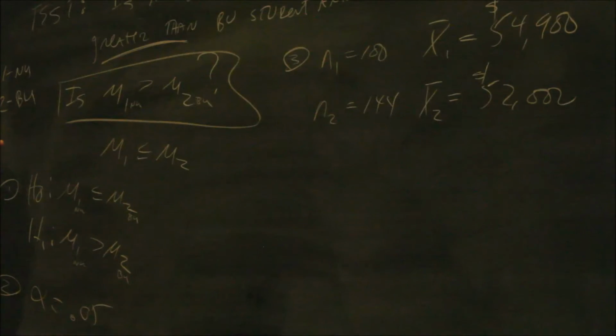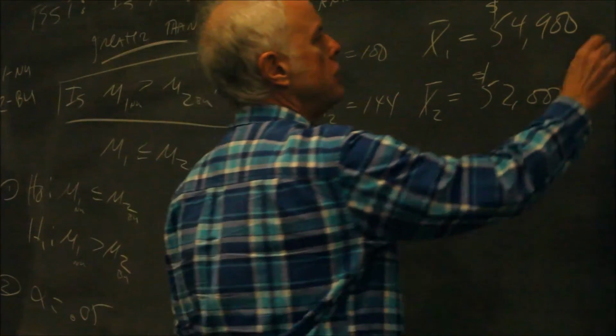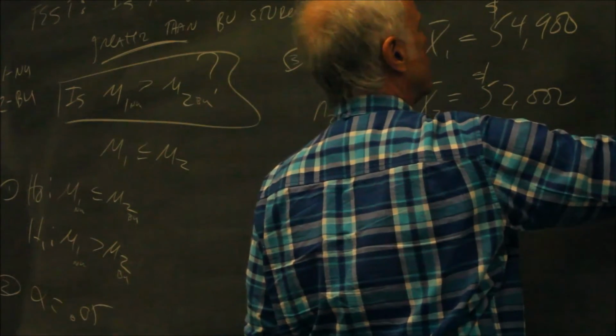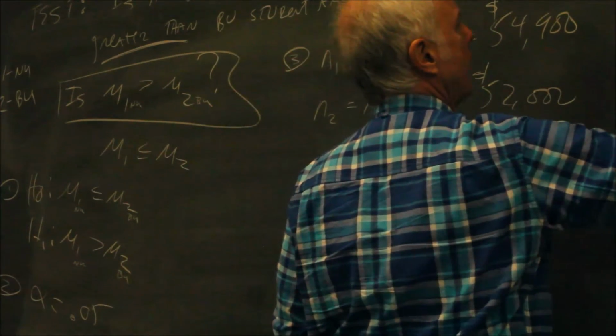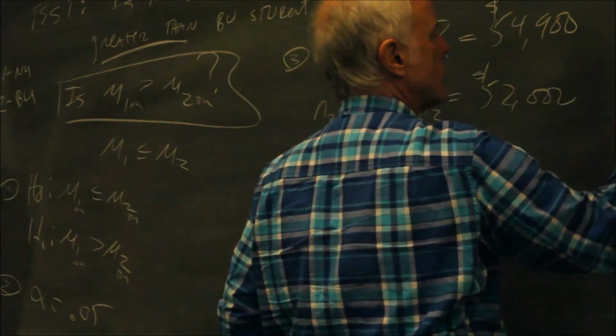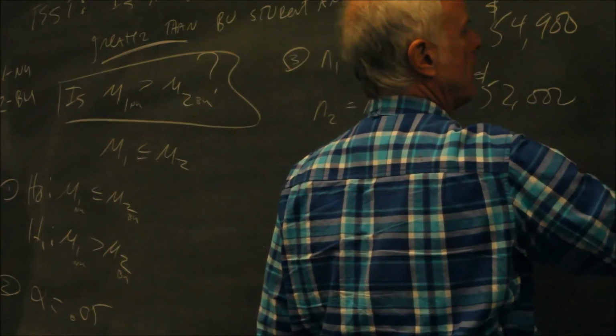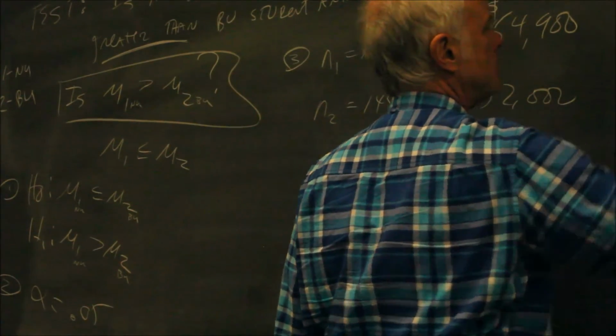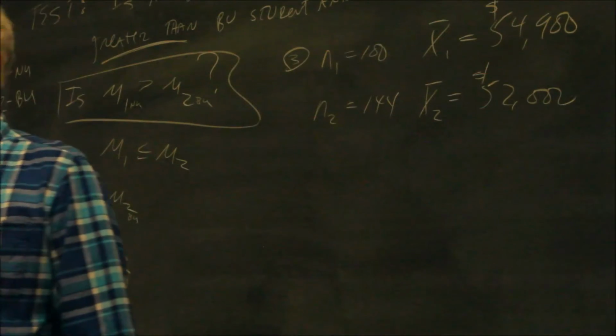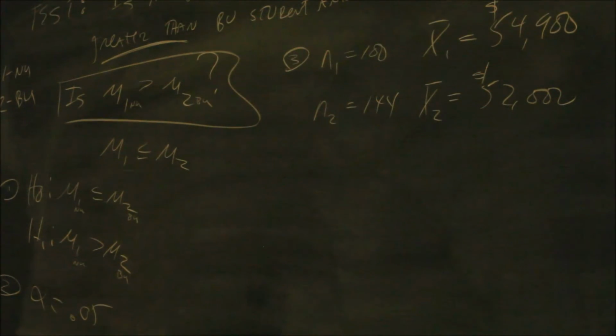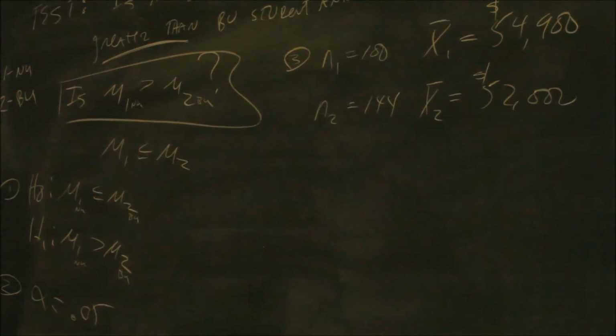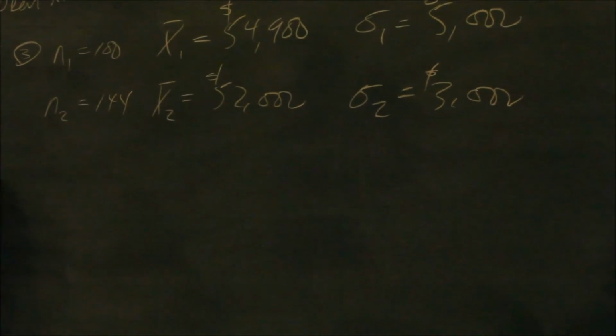And let's say we knew sigma for both of these. So let's say we knew sigma 1 was equal to 5 grand, and sigma 2 was equal to 3 grand. All right, so let's say you're given that. What's the fourth step in the hypothesis test?